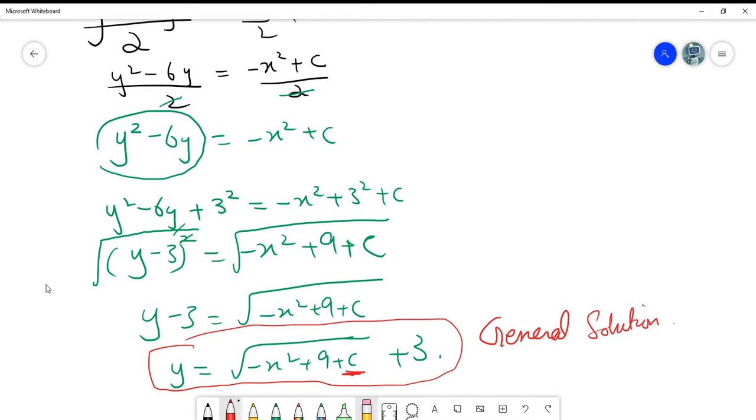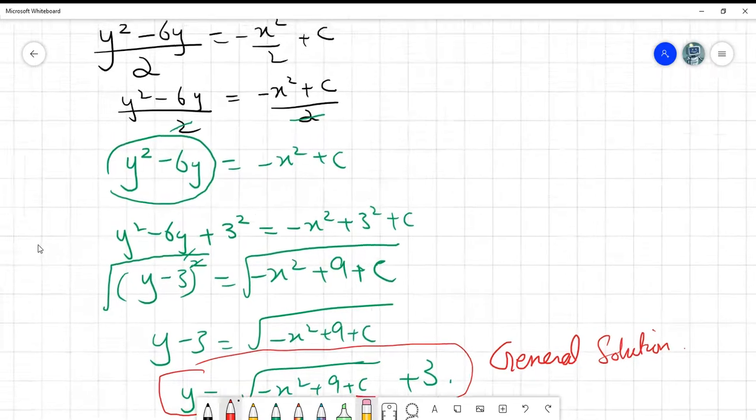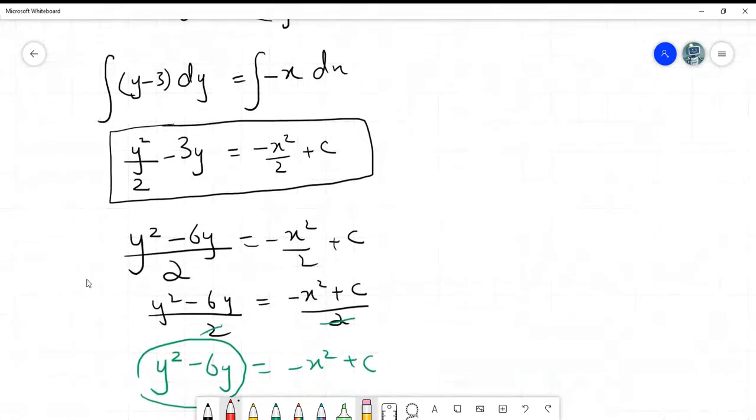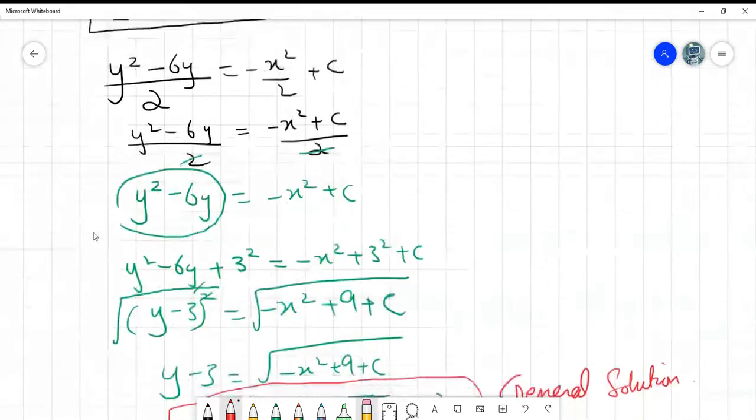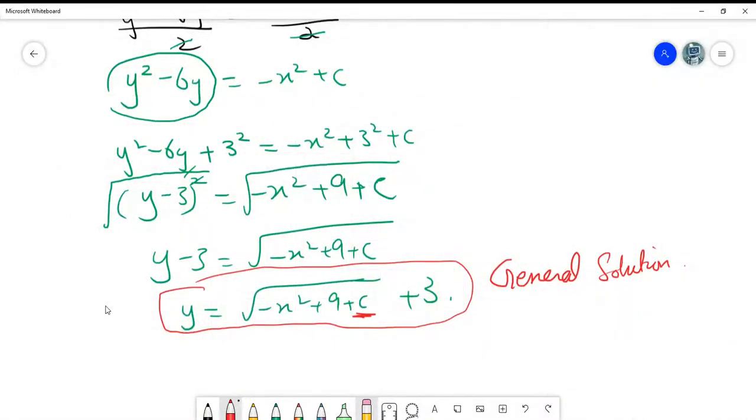I hope we are clear about how to solve simple differential equations which involve separation of variables through these examples. I would recommend, if you're not clear about this, then kindly pause the video and look back at one of these examples again.